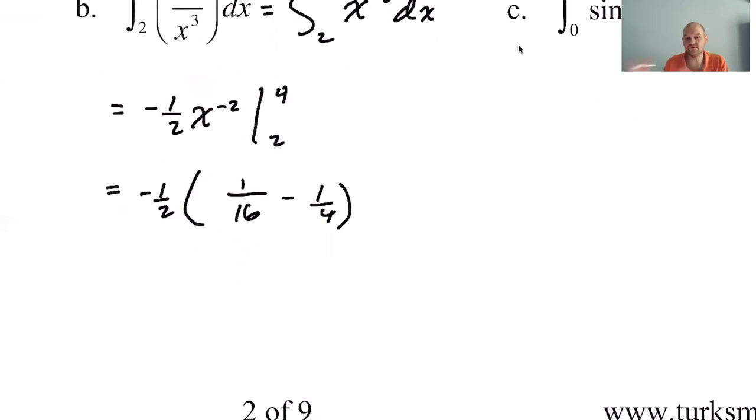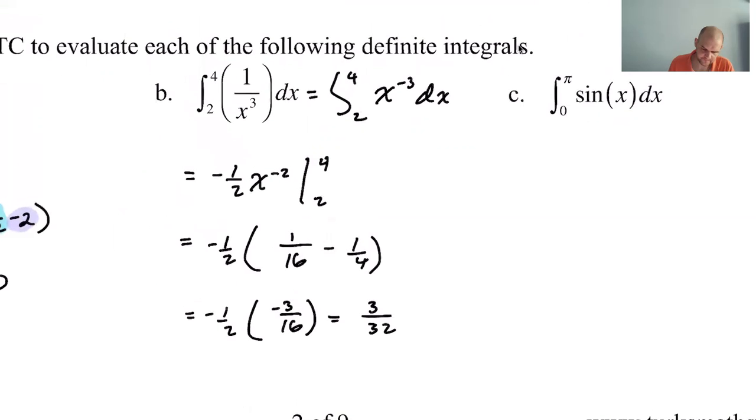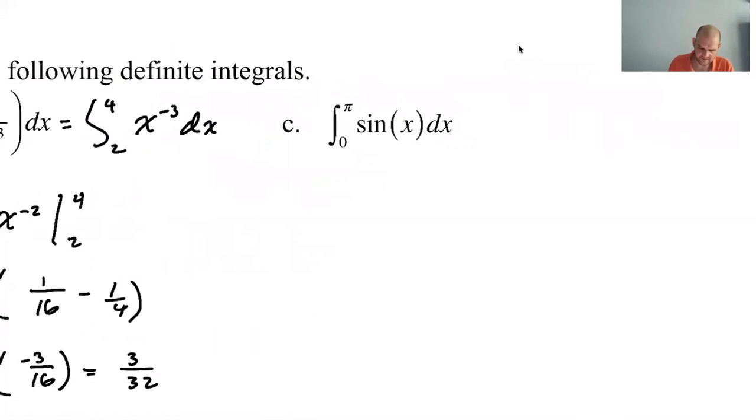So the negative 1/2 will distribute, and that's why I did that. Negative 1/2. What do I get? 1 minus 4 is negative 3/16. So I get 3 over 32, which makes sense to me because 1 over x cubed is definitely positive on the interval from 2 to 4. So I should get a positive when I do it.